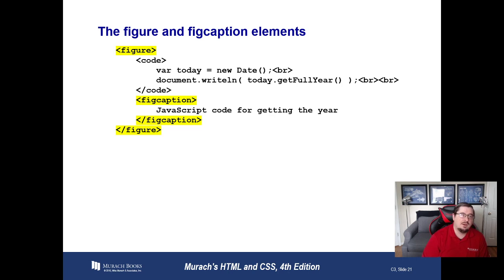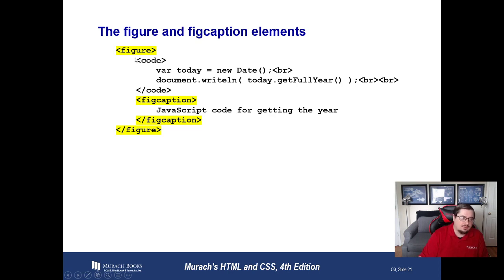So figure defines, here's a, usually it's around an image, but it can be really anything. This is more used for academic sort of papers or tutorials, where you say, here's this figure I'm going to put in here. It may be a chart. It may be some sort of other image. Here it's code.